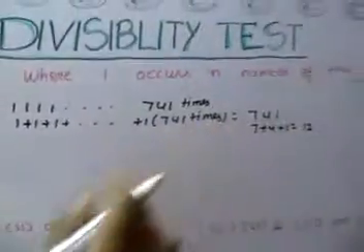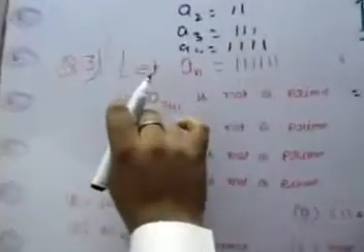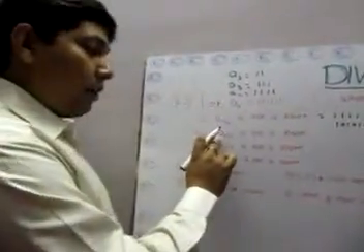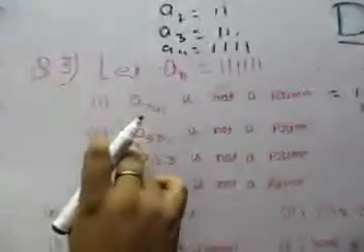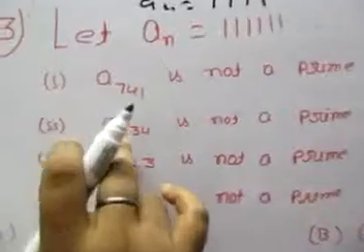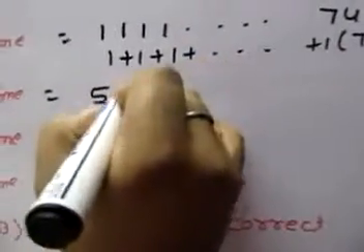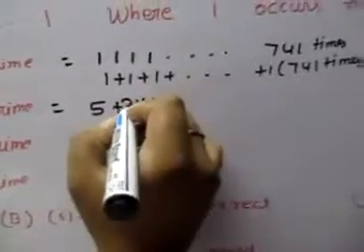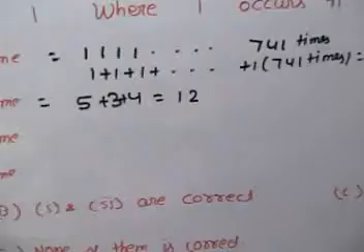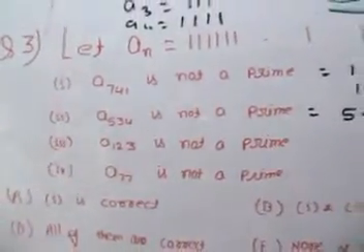Hence this number is not a prime number, because it is divisible by 3. Similarly, second statement, A534 is not a prime. Here the summation of digits will be again 534, which again is divisible by 3, because the sum of the digits is again 12. Hence A534 is again divisible by 3 and not a prime number.